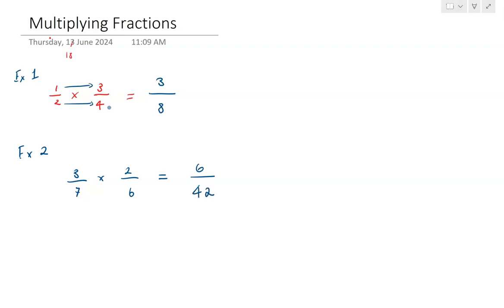Can I simplify this fraction? You just have to half them, they're both even. Not quite. 6 goes into both of them, you're right. And 6 goes into 42 7 times. But how many times does 6 go into 6? 1. It's 1/7. Very good. So 3 over 7 times 2 over 6 is equal to 1/7.